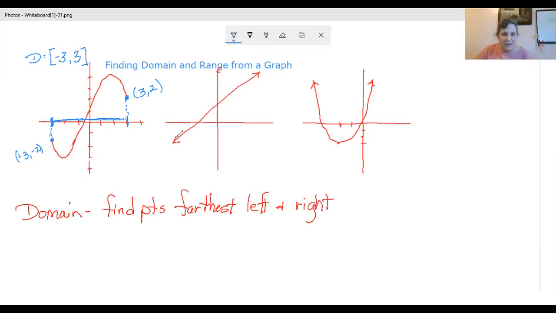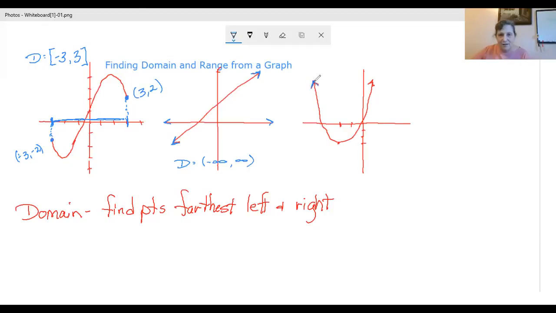The domain in this case, because this goes forever that direction and forever that direction, and even though those kind of look like they're pointing up and down, they're also pointing to the left and the right, indicating there's no stopping point. So the domain here is from -infinity to +infinity.